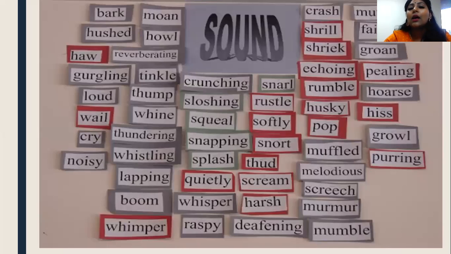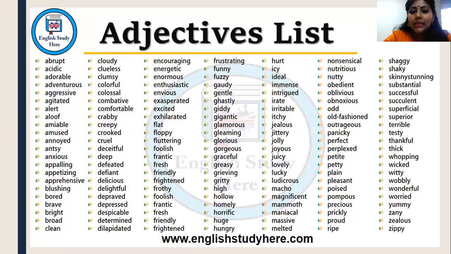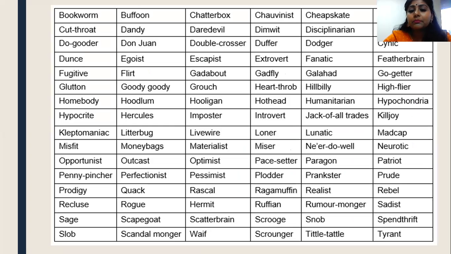Okay, and these are examples of sound words. Snapping, whistling, thundering, and then we have whimpering. Okay, and then these are some of the adjective lists as well, useful ones which the students can use in their descriptive essay.